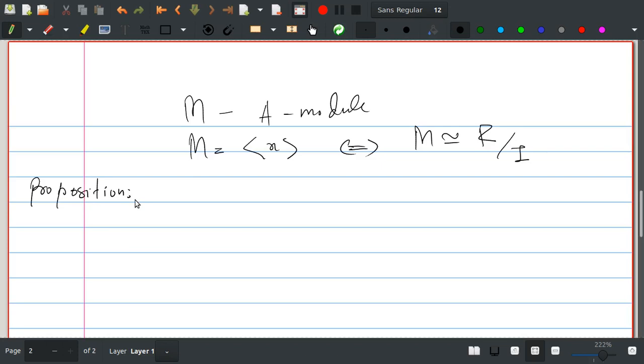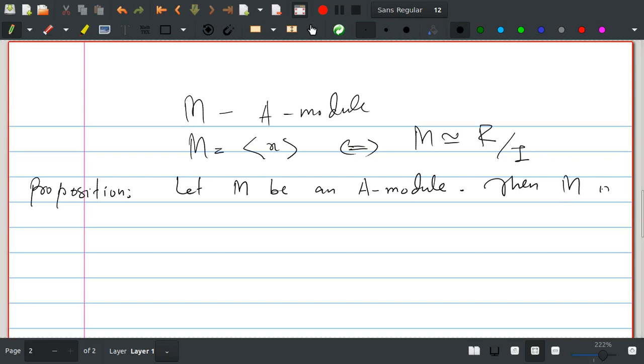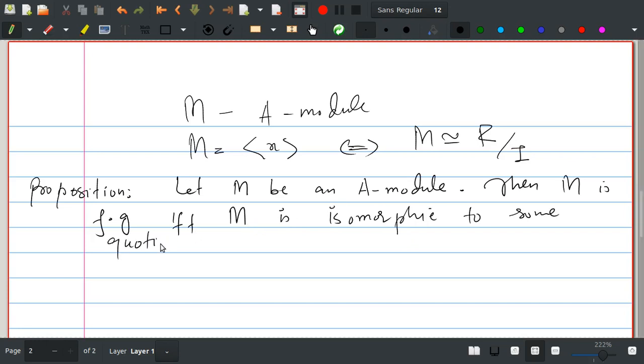So let M be an A module. Then we claim M is finitely generated if and only if M is isomorphic to some quotient of A to the power n, where n is some natural number.